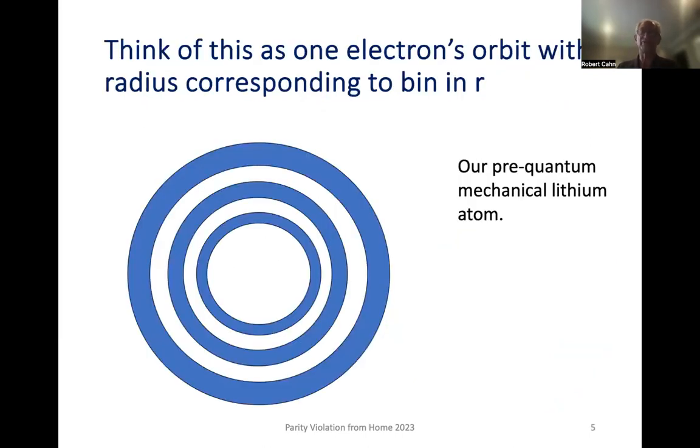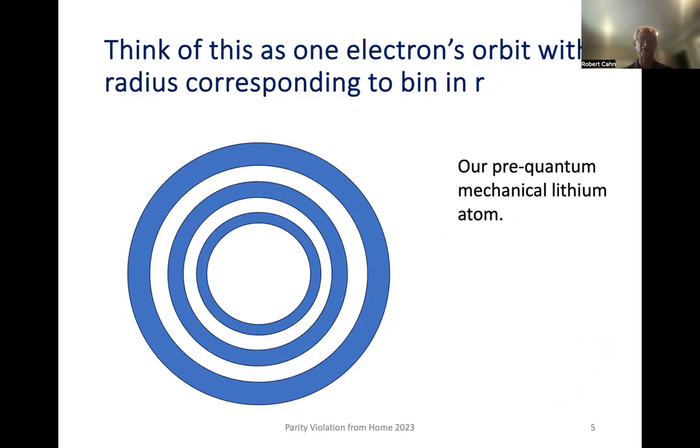We can sort of think of this naively as a bunch of orbitals, electrons running around a very primitive atom, where we have here 3 different orbitals corresponding to 3 different bins in R. And this is a bit like what quantum mechanics was in the early days before the Schrödinger equation, and people imagined that the electrons ran in these orbits.